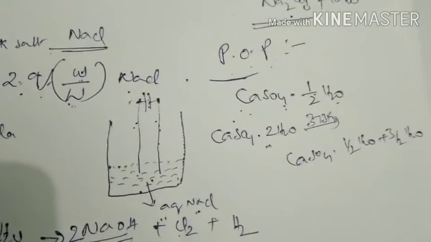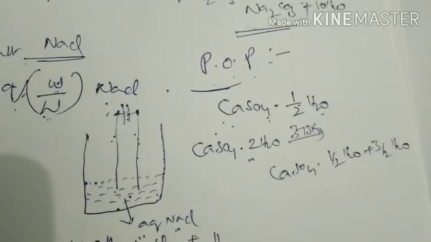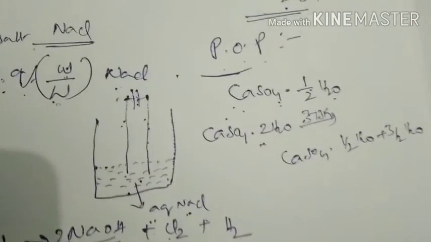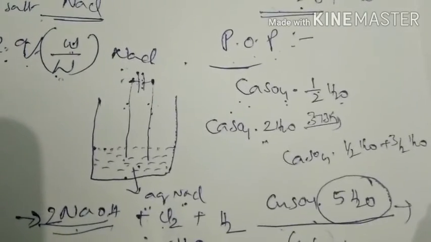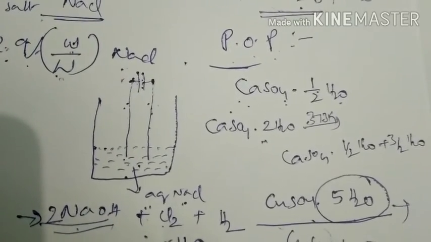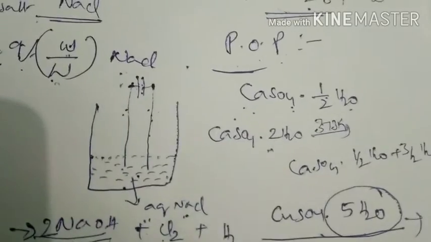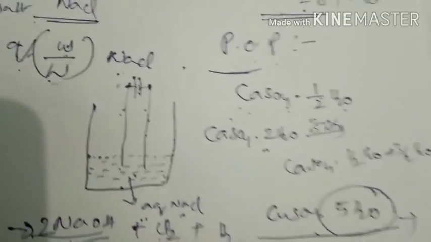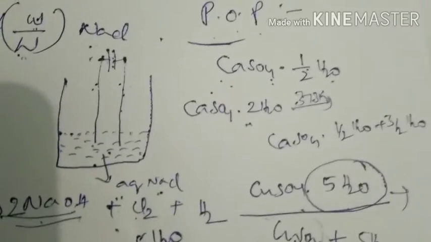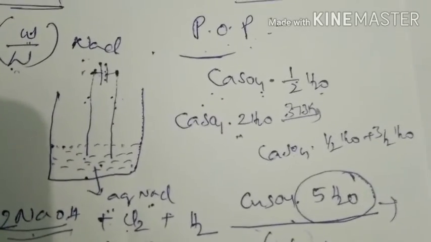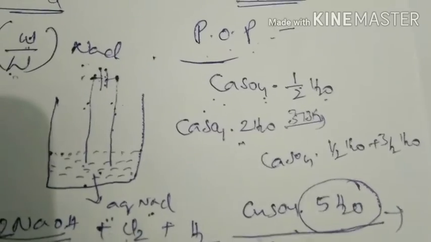This is the corresponding equation regarding that one. So here we should also discuss the uses of plaster of Paris. First one is it is a building material used as coating on walls and ceilings. That means if there is any damage on ceilings, if you apply this plaster of Paris, that damage can be cleared. Next one is it is used in dentistry to make molds of teeth to be replaced.